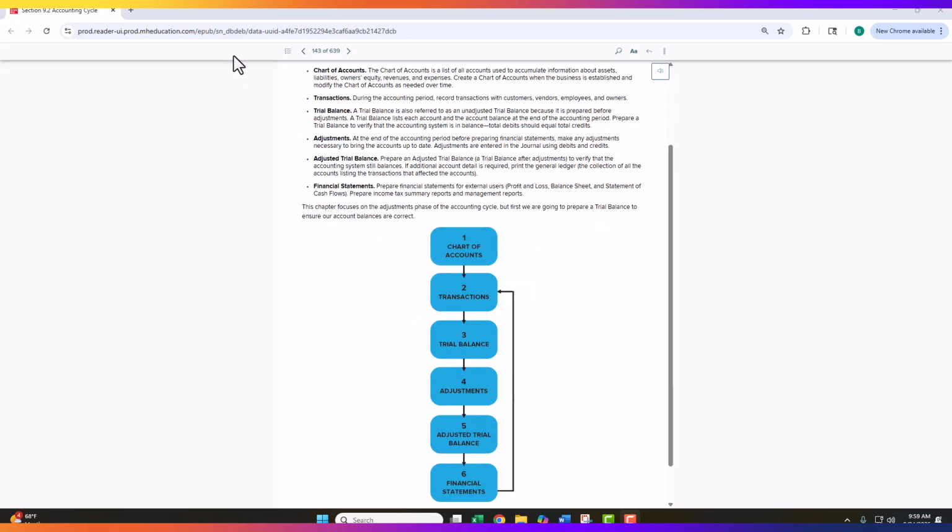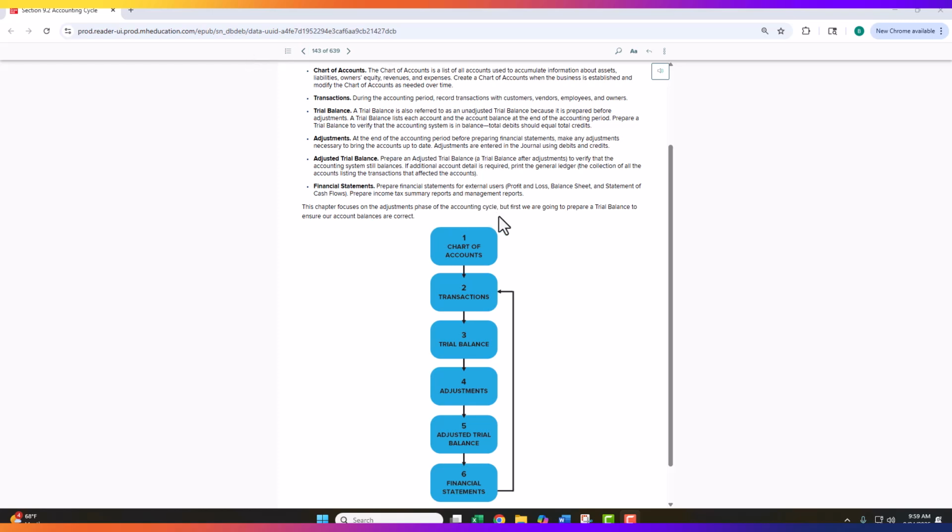Now, if you think back to your Principles of Accounting course and how they discuss the accounting cycle, this graph might look a little bit different here. It's listing the chart of accounts as part of the accounting cycle. Now, that's not usually a recurring portion of an accounting cycle, but setting up a chart of accounts is definitely an important step.